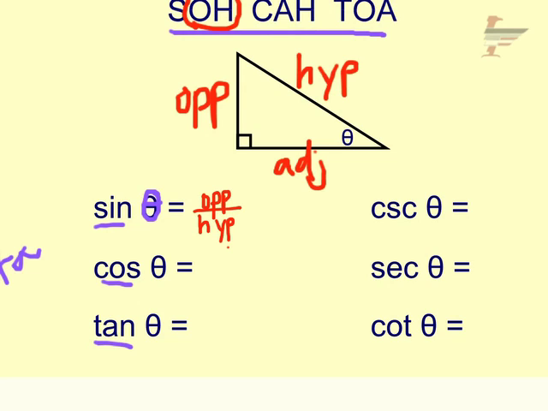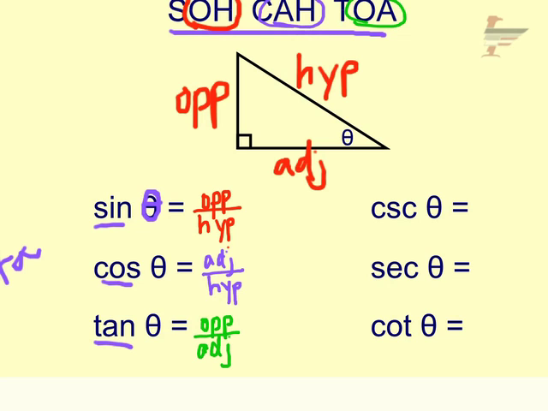Cosine, this is the A and the H, so that's going to be the adjacent side over the hypotenuse. And then your tangent is the O and the A, and that will be the opposite side over the adjacent side.